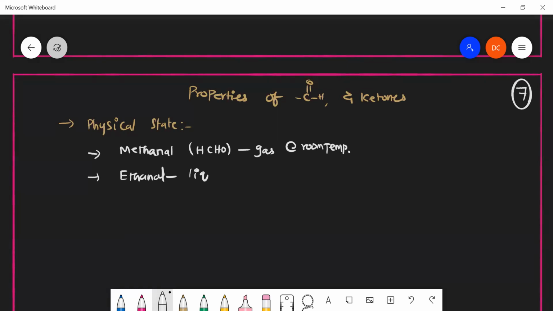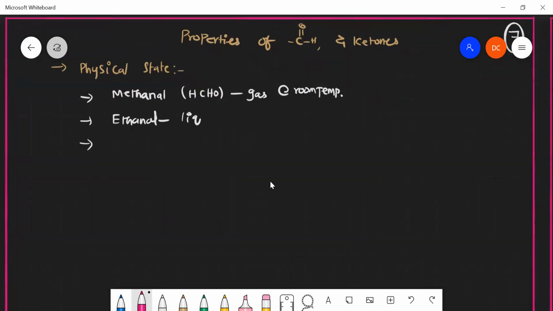So what about ketones? Solid, sir. Yeah, it may be liquid or it may be solid. We start with a 3-carbon ketone, because to form a ketone, what is the minimum number of carbons required? 3.